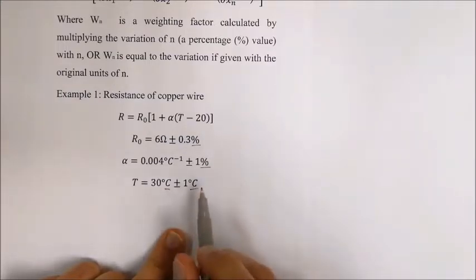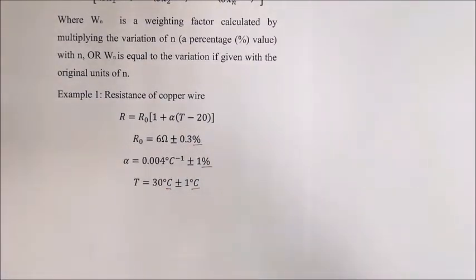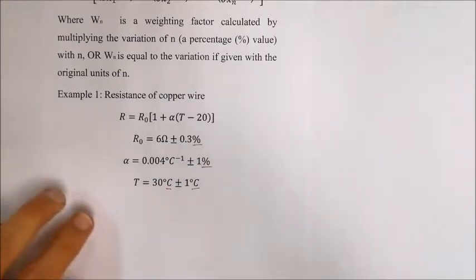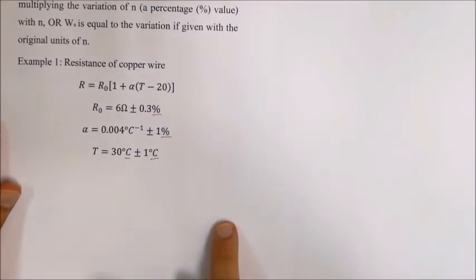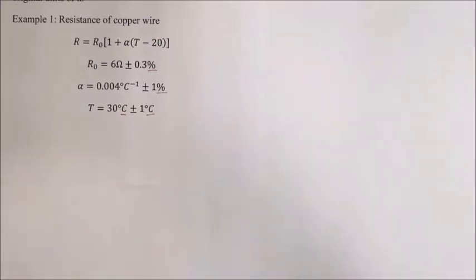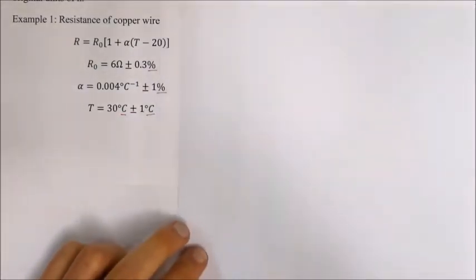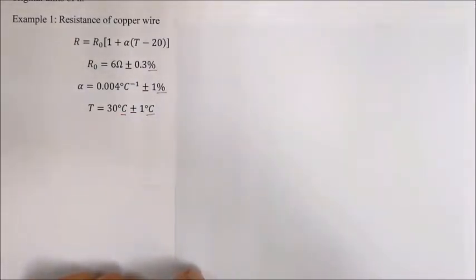It's not a percentage value, so keep that in mind when we look at the specific example. Now I'm going to move this across to the corner of the screen, and then I'm going to write all the calculations over here.